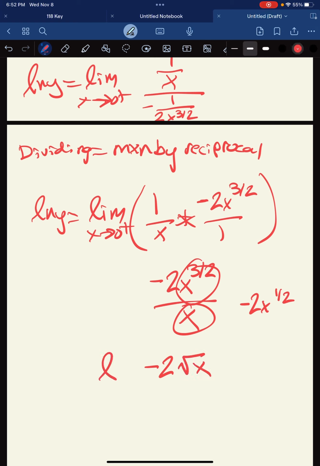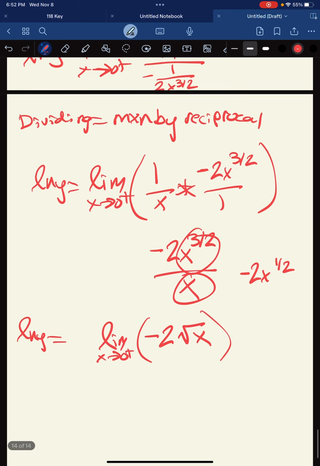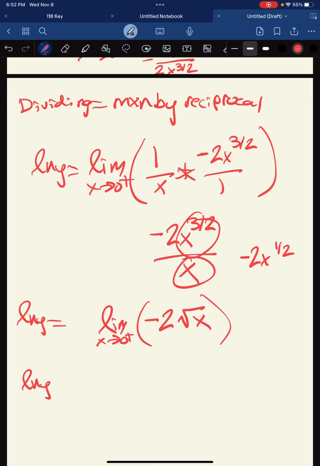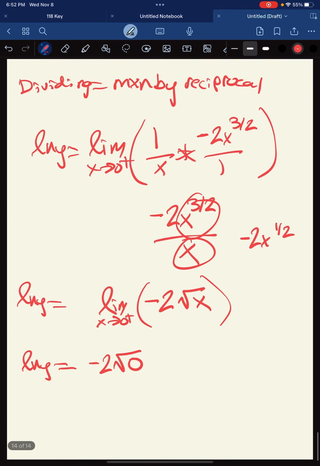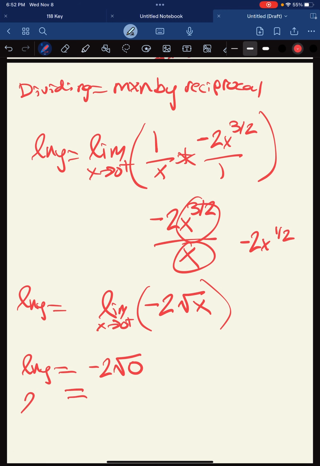So now we are saying that ln y equals the limit as x approaches 0 from the right of negative 2 square root x. And that is a problem that we can just solve with direct substitution, right? Negative 2 times the square root of 0. Well, the square root of 0 is just 0. So we get ln y equals negative 2 times 0. ln y equals 0.